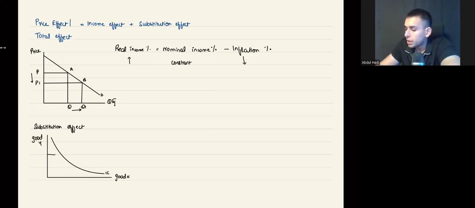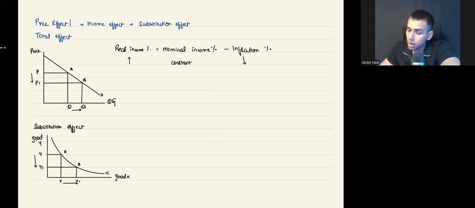If I am operating at point A, where I am getting a certain amount of utils from good Y and a certain amount from good X, and I reduce my consumption of good Y and increase my consumption of good X, my utils from good Y will fall from Y to Y1, and my utils from good X will rise from X to X1, and I will move along the indifference curve from point A to point B.